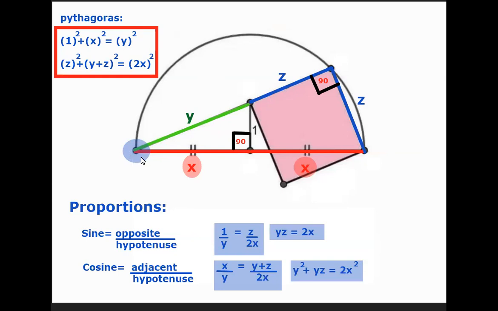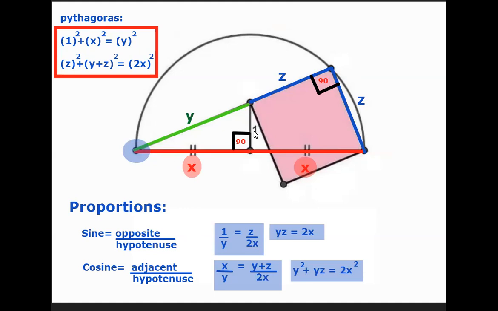Since they share this blue angle here, the upright triangle and the inverted triangle, and they also both have 90 degrees, by the angle-angle theorem they're similar and the sides are in proportion. In particular, if we go to the starting point of the diameter over here, and this spanning arch above is 2x units, the sine of this angle will be the opposite over the hypotenuse.